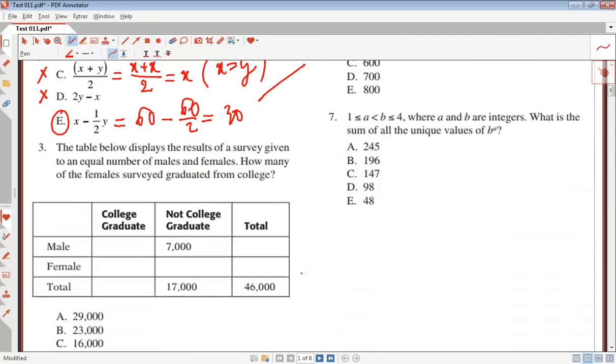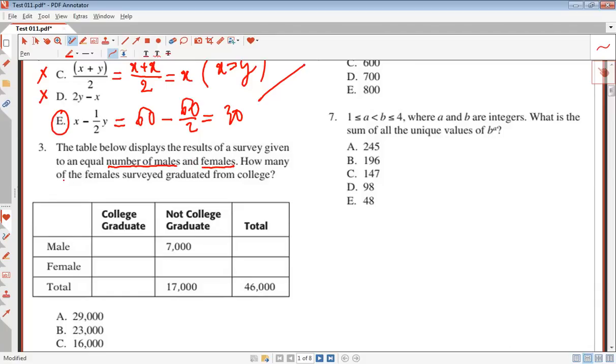Question number 3. The table below displays the results of a survey given to an equal number of males and females. It means the number of males is equal to the number of females.